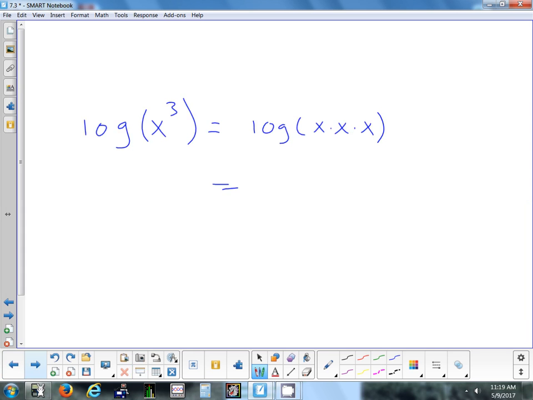Dave? 3. And what would we put between each term? An addition sign. So we would have log x plus log x plus another log x. What's the log of x plus the log of x plus the log of x?